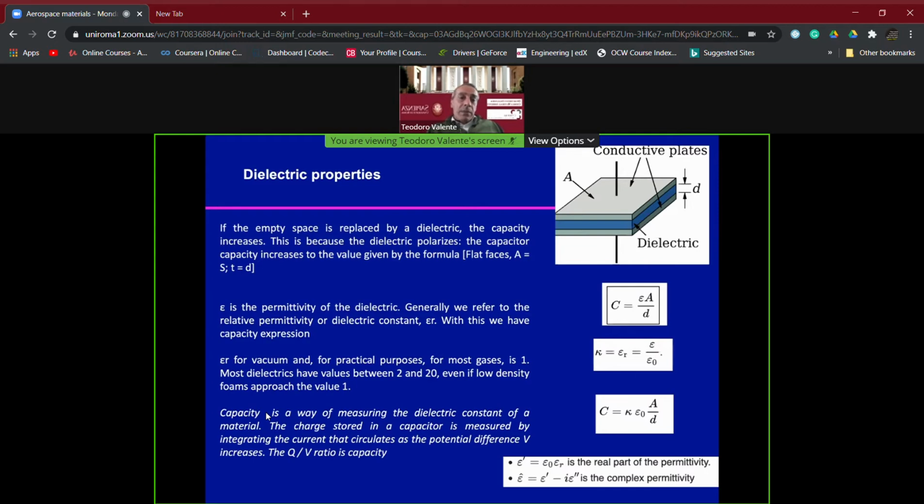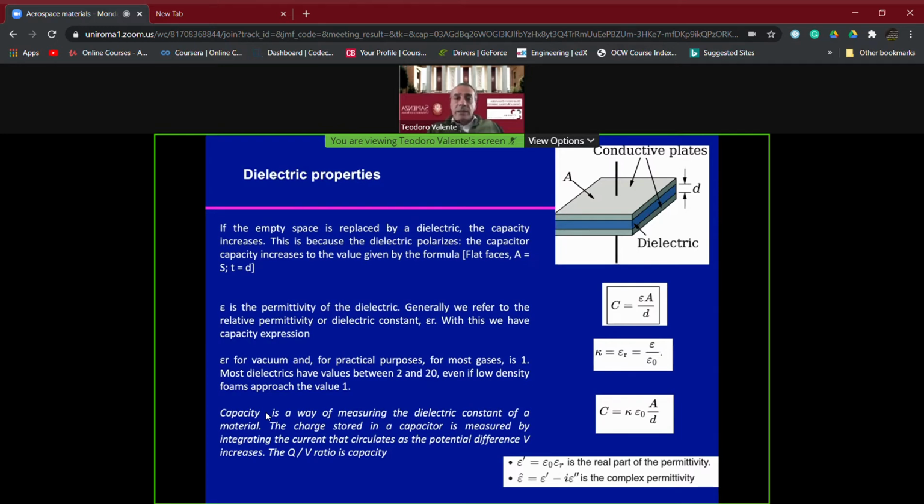We can remember that if we put a dielectric material between the conductive plates, the capacity of the capacitor increases. This happens because the dielectric material is able to be polarized, and the capacity increases to a value which is given by a very simple formula.